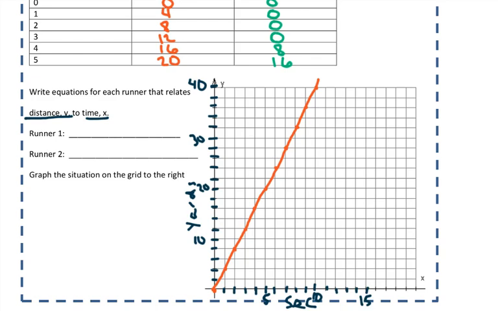Now, runner 2 is a little different. He has not traveled for the first 3 seconds, so at 3 seconds he is still at 0, so I'm going to put that point there. And then at 4 seconds he's gone 8 yards. At 5 seconds he's gone 16 yards.